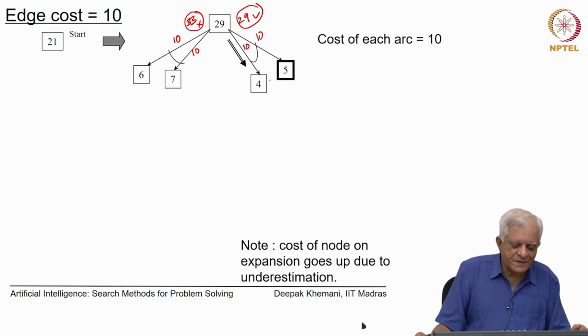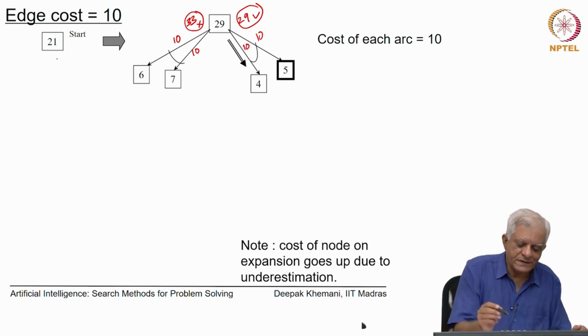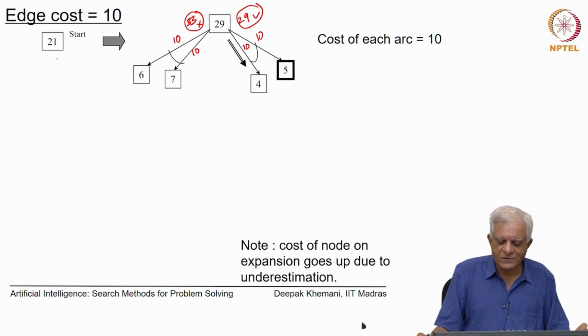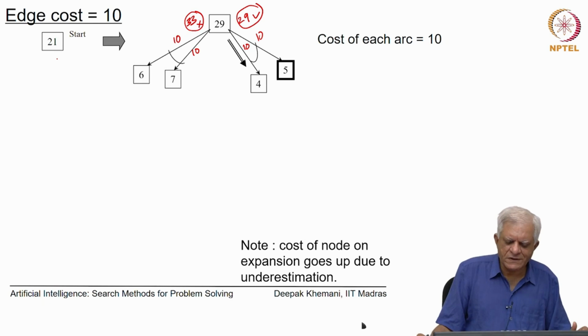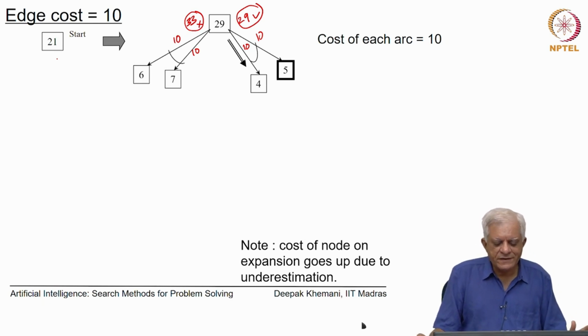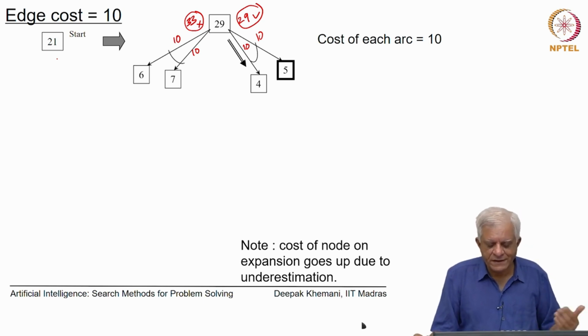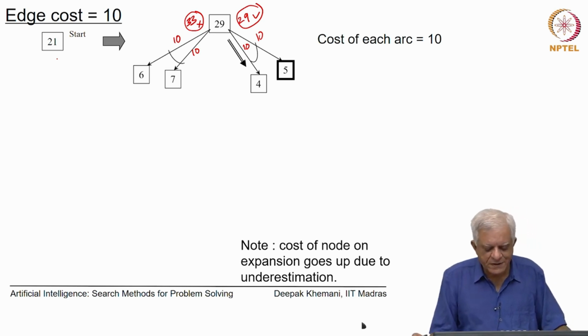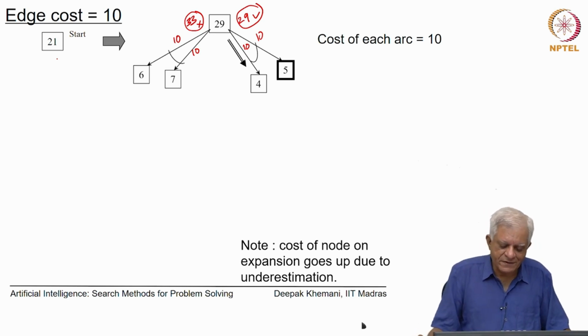But notice that from 21 the root has gone up to 29, and that is a property that we saw in A star also: as you refine the solution further or as you move closer to the goal, the estimates, which are the f values in that case, monotonically increase. So, here also if the heuristic function is underestimating, you will find that the estimated cost will increase essentially, and that is a property of an underestimating function.